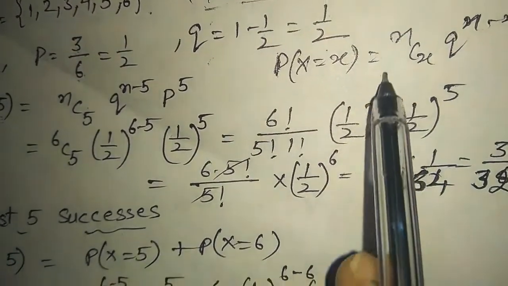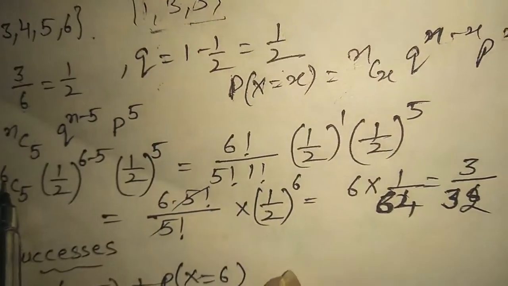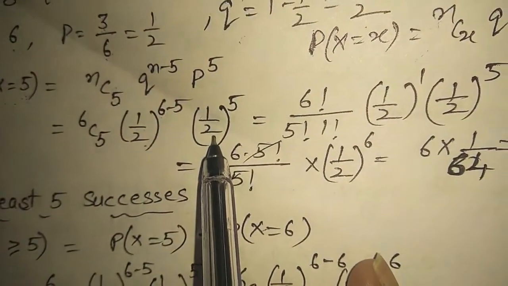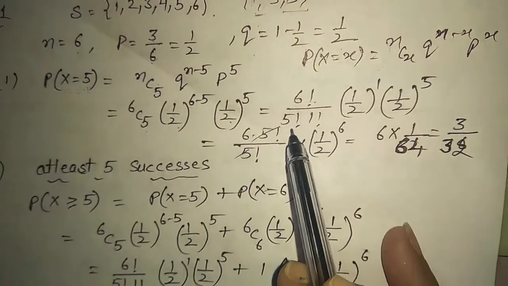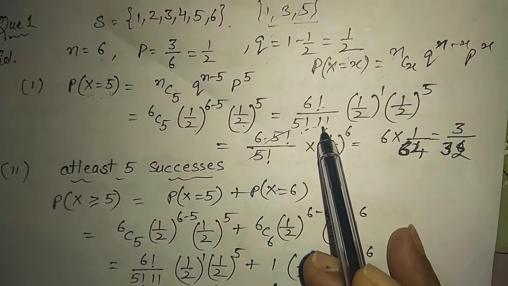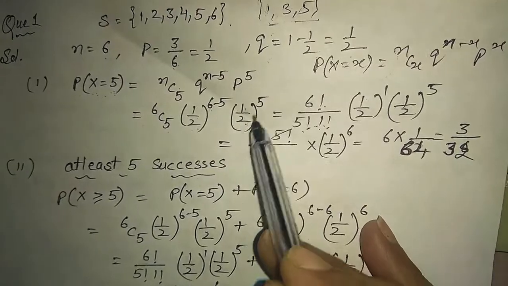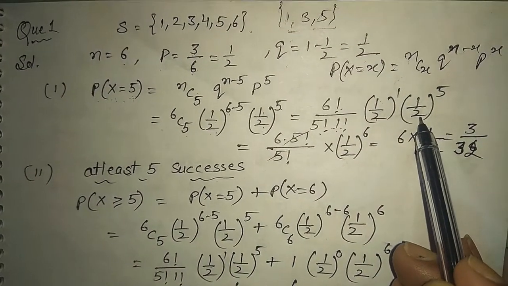Okay, so put the values of these. x is equal to 5, n is equal to 6, q is 1 by 2, p is 1 by 2. And 6C5 is 6 factorial upon 5 factorial into (6 minus 5) factorial, 1 factorial. It is 1 by 2 power 1, and 1 by 2 power 5. So we can write 1 by 2 power 1 into 1 by 2 power 5.